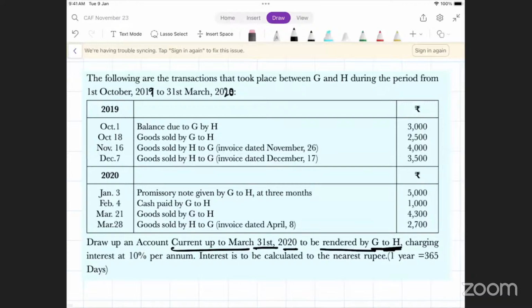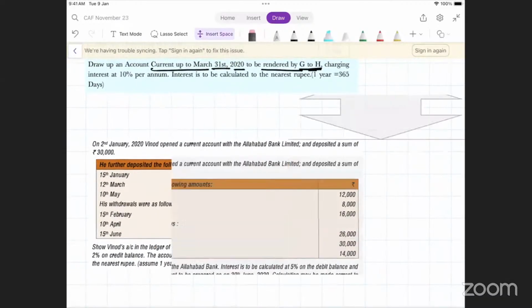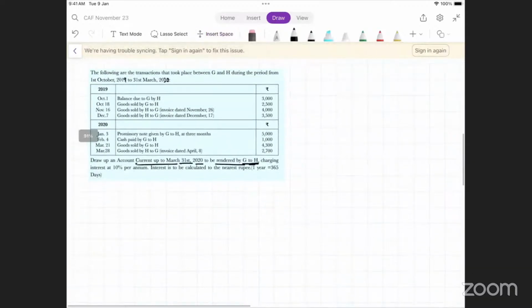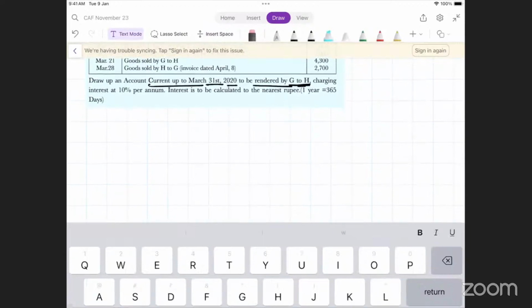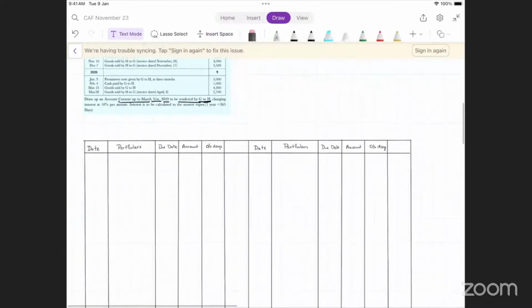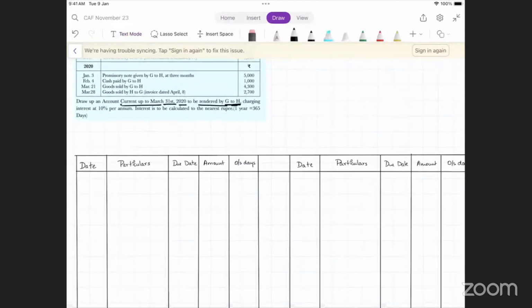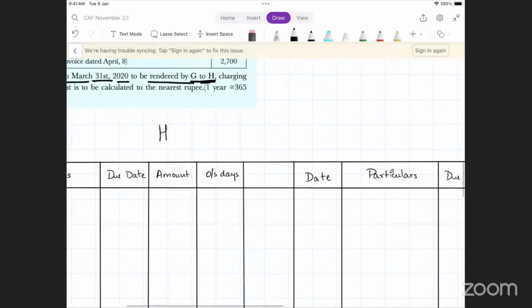Now let's start with the format. To be rendered by G to H. So H, whoever is preparing the account current, his name will come at the end.